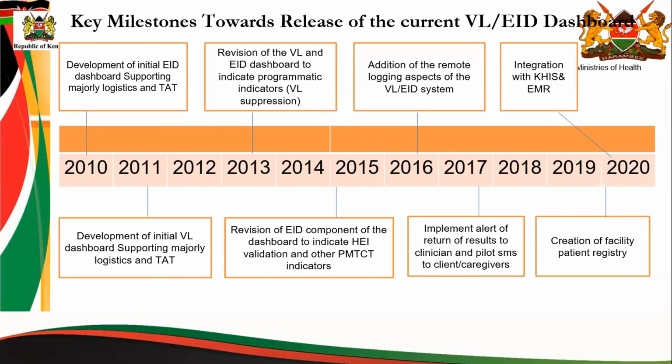So very little support and basically improving on what had been developed at the initial stage. In 2013, we got to revise the dashboard, and we moved further to improve on the indicators that are related to viral load. And this was a great improvement on the dashboard. In 2015, we revised the EID component of the dashboard to indicate the HEI validation and other PMTCT indicators.